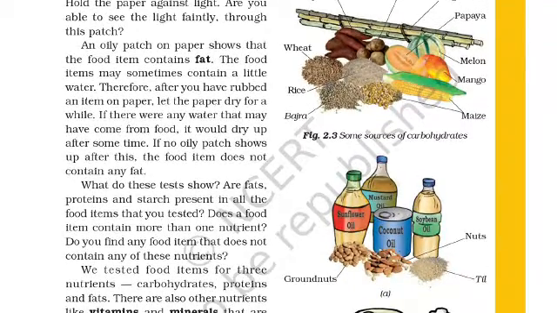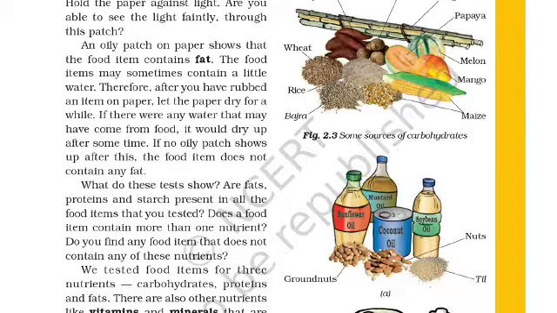Now the question arises: what do these tests show? Are fats, proteins and starch present in all the food items that you tested? Does a food item contain more than one nutrient?